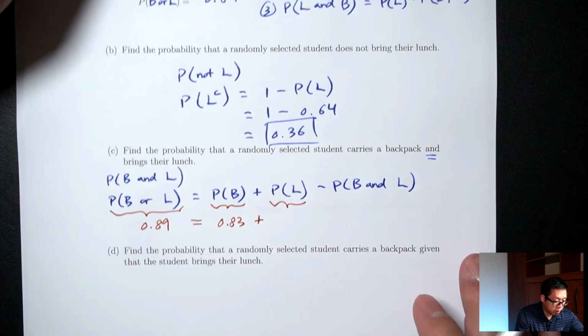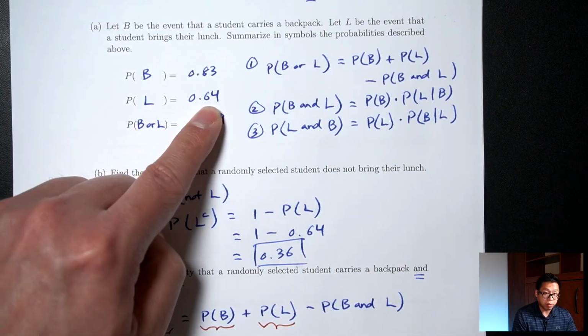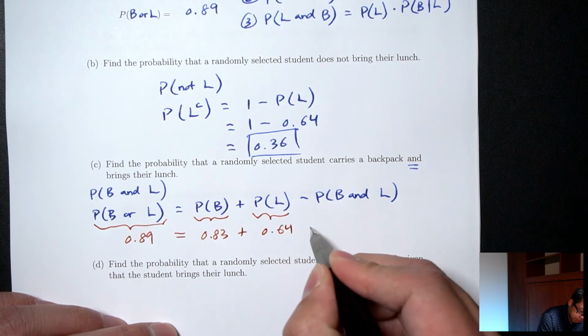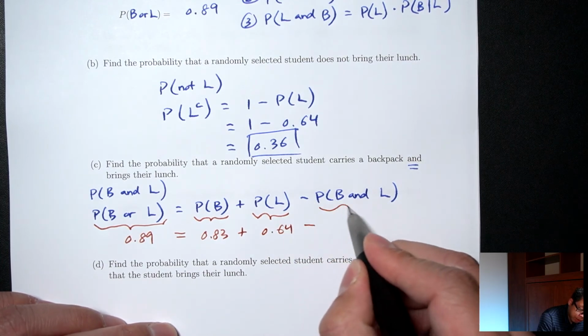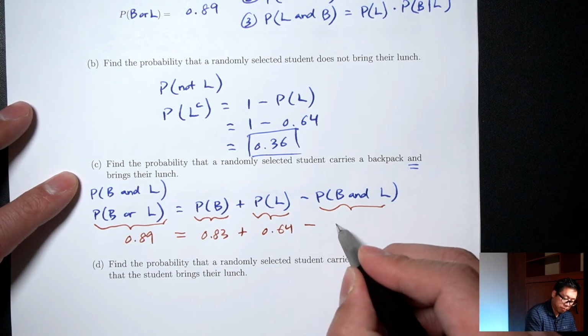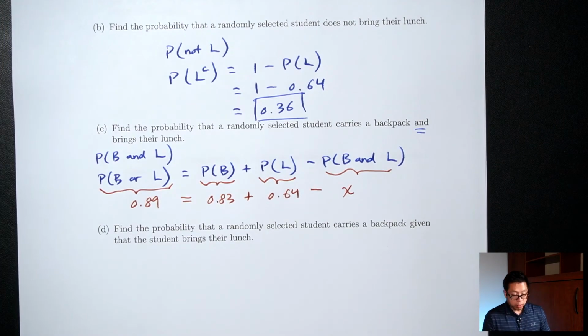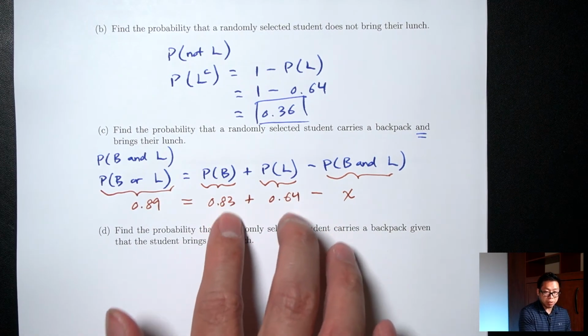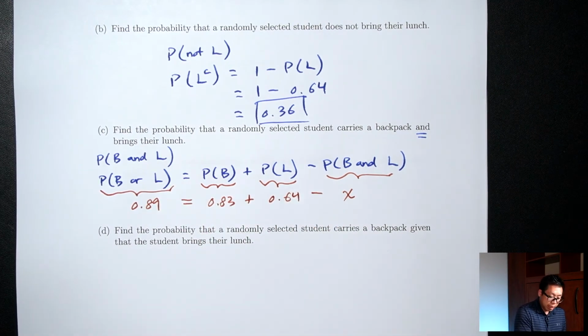Probability of L, 0.64. Minus probability of B and L. That's actually what I'm looking for. So let me call that X. Our job is to get the X by itself. Okay, so right now I need to get rid of these two things. Let me clean up left, clean up right before we move on.